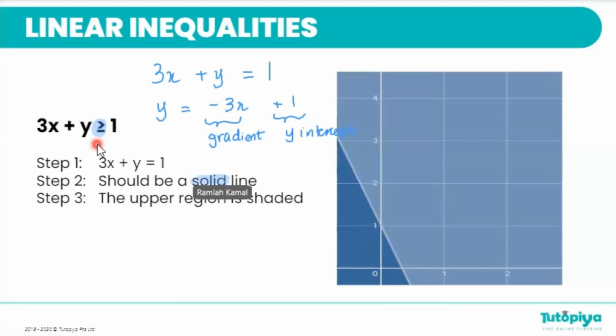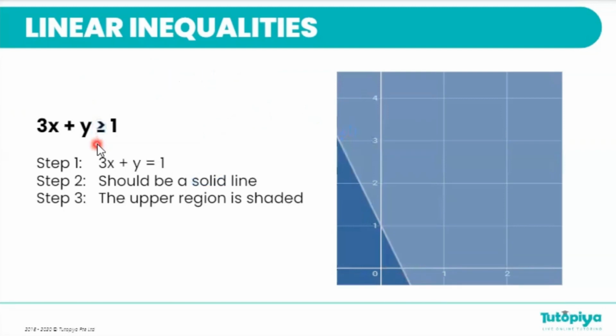If, on the other hand, we did not have a greater than or equal to sign, but instead we just had a greater than sign, then we would not be using a solid line, but instead, to plot our line, we would be using a dashed line like this.